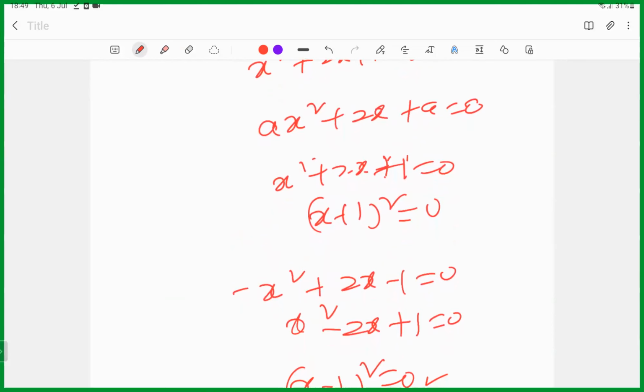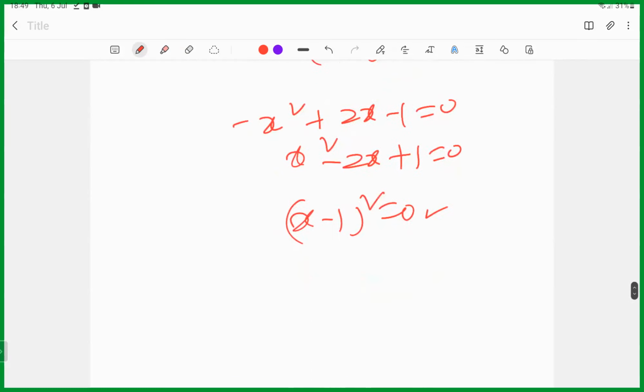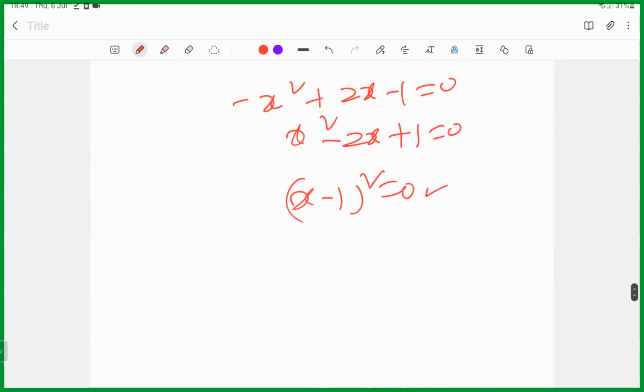x square plus 2x plus 1, x plus 1 whole square. A equal to 0, then 2x equal to 0.